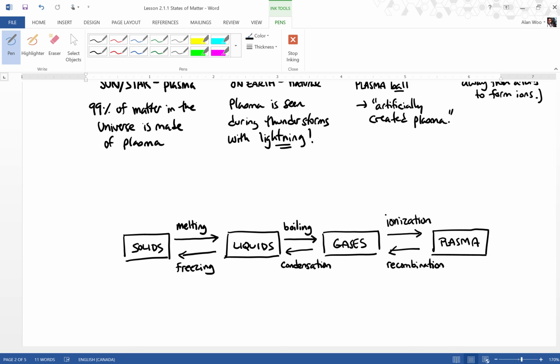Okay. It's possible for us to go from solids directly to a gas phase and skip that liquid phase. This process is called sublimation. Okay. And we see this happening with one really specific example. Have you guys ever heard of dry ice? Dry ice is basically a block of dry or solid carbon dioxide.